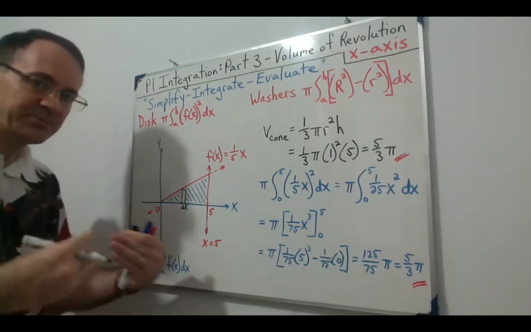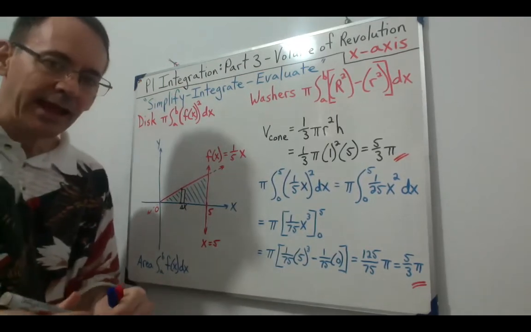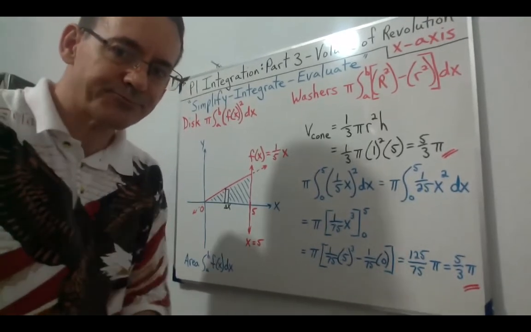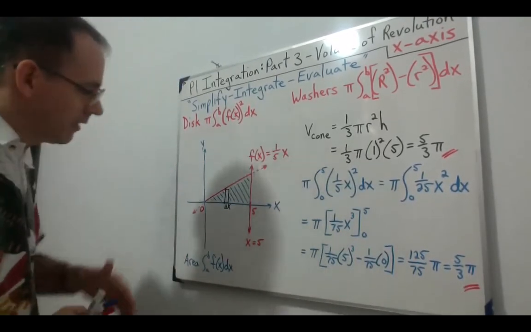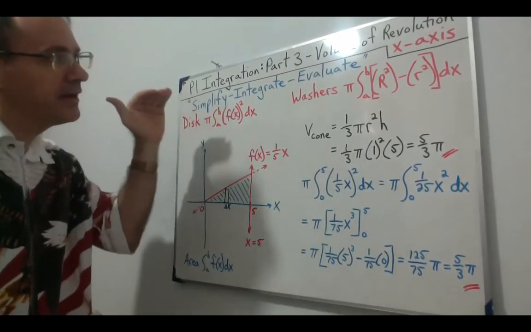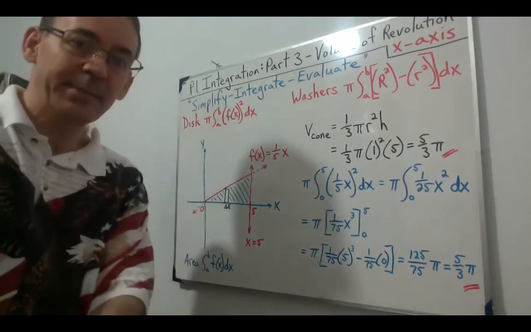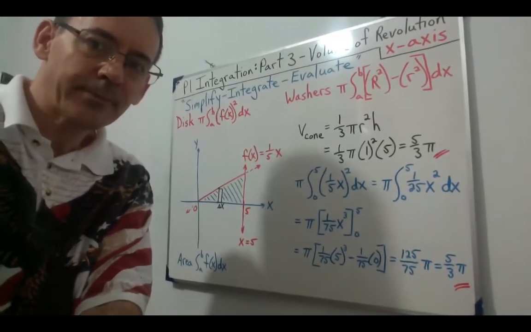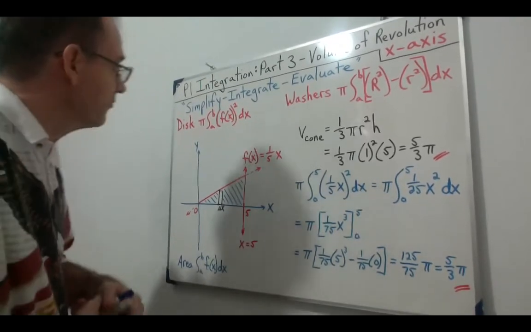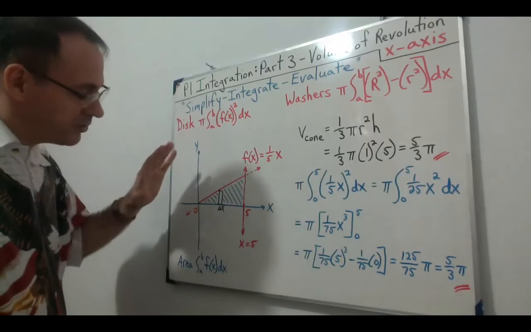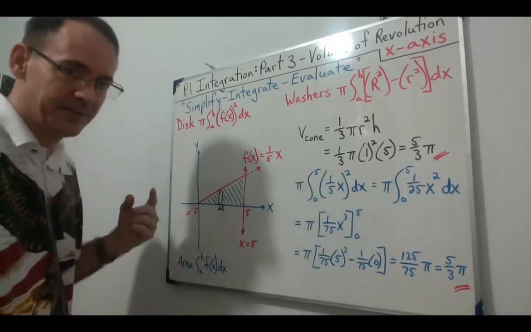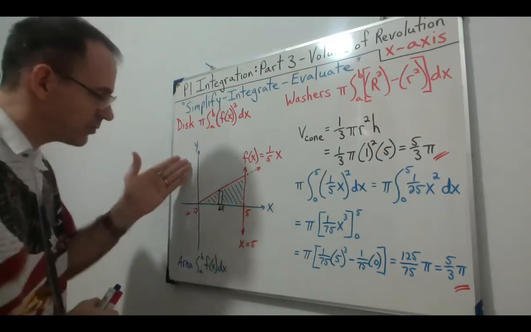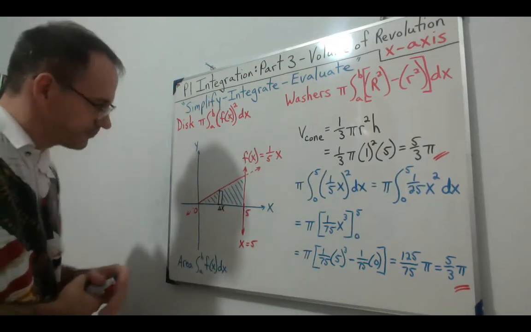Now we want to expand on that a little bit, and we want to see how we can get the third dimension in, that's volume. So with volume, what we want to do is rotate this graph around either the x-axis or the y-axis.